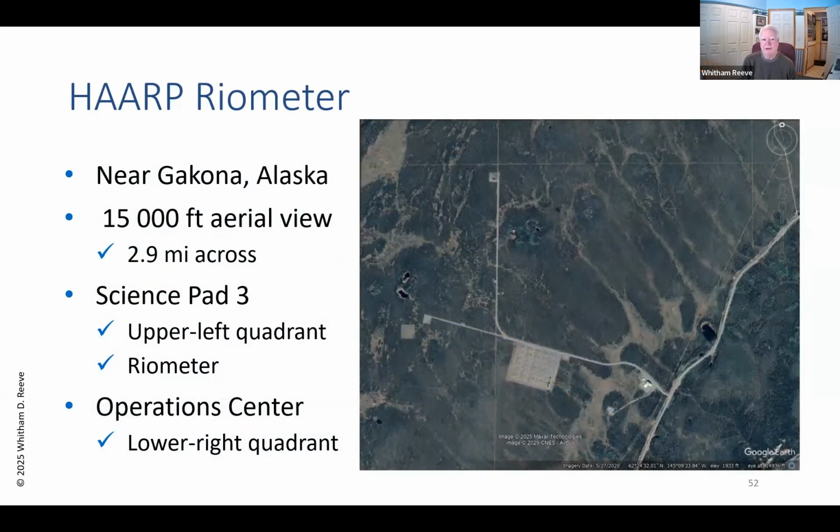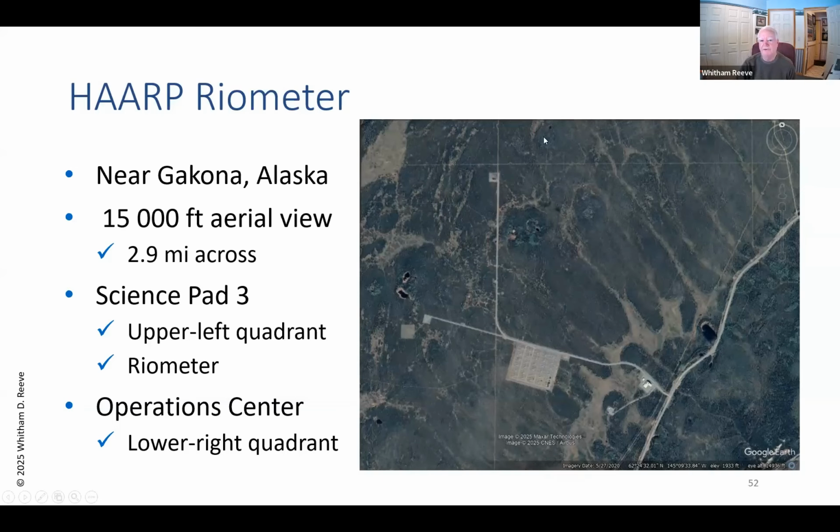It's near Gakona, Alaska. It's a small village, about 200 road miles from Anchorage. And this aerial view that I'm showing on the right here is from approximately 15,000 feet. So it's almost 3 miles across the width. And you can see that this is the HAARP facility.